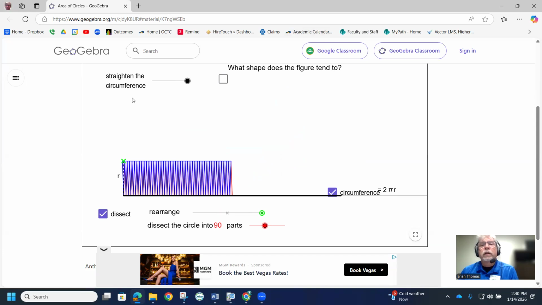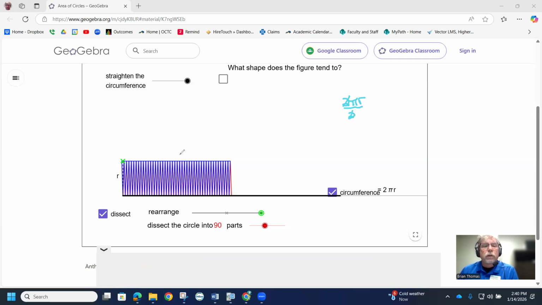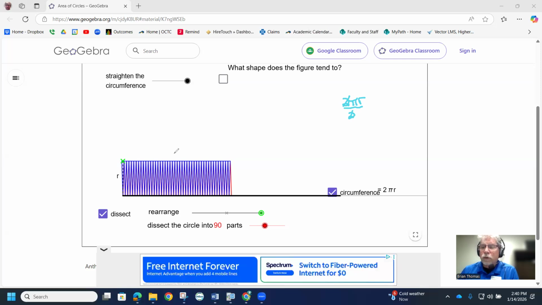So if we have 2 pi r and we divide that by 2, notice that the 2's will divide out. So what's going to represent the length? Pi r is going to represent the length.